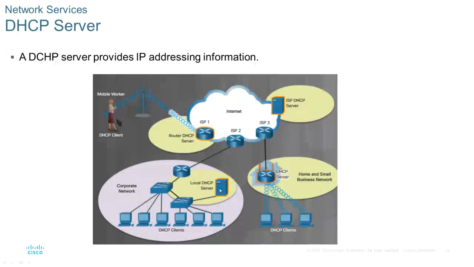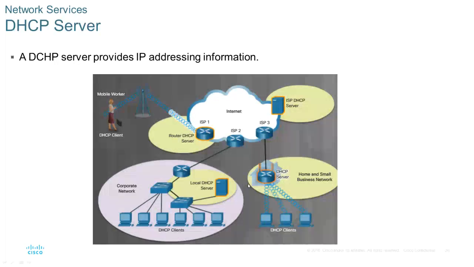So standard information pushed out by the server is the individual's IP address, the subnet mask that applies to this network, and the gateway used by the devices to get off the network and to the outside world.